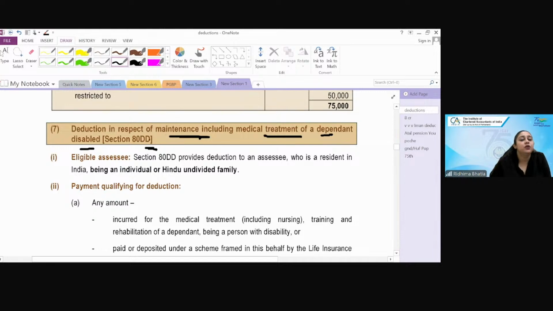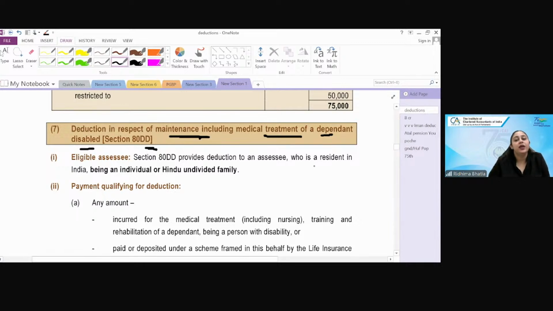This deduction is for someone who is maintaining the dependent disabled. That means the assessee is not the dependent disabled; the assessee is taking care of someone who is a dependent disabled. Because if the assessee is disabled, then 80U applies. But if the assessee is taking care of a dependent disabled, then 80DD applies.